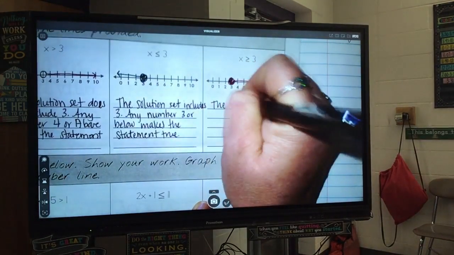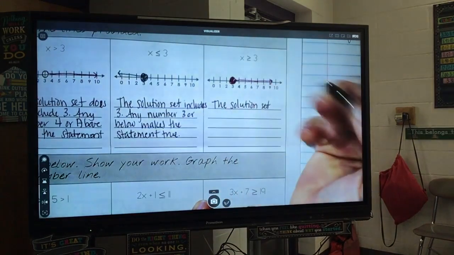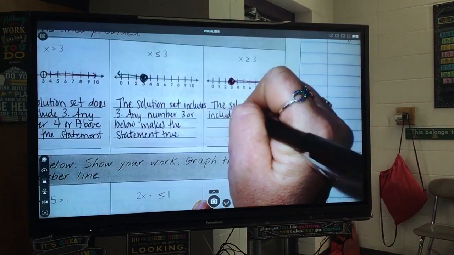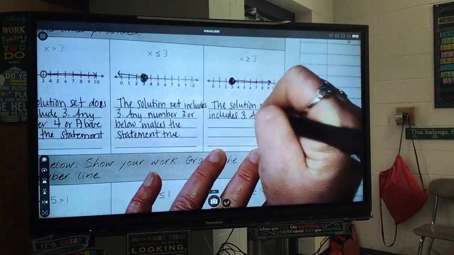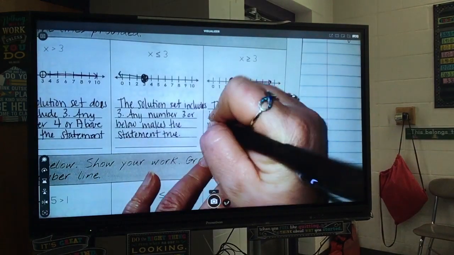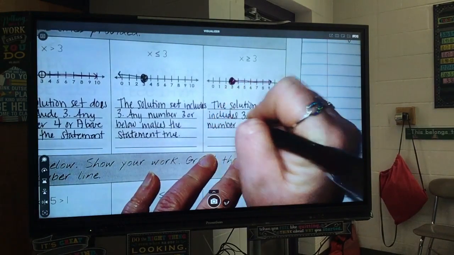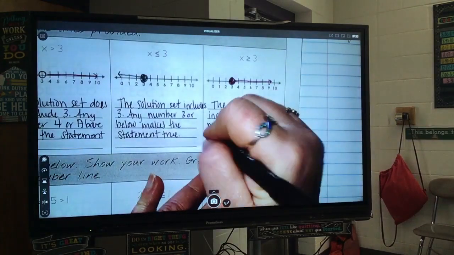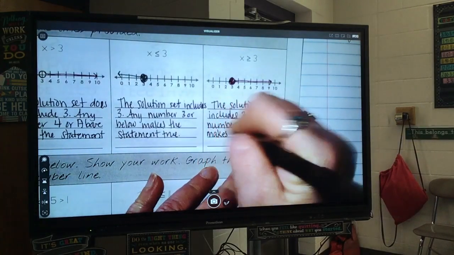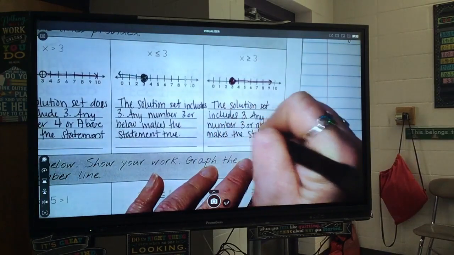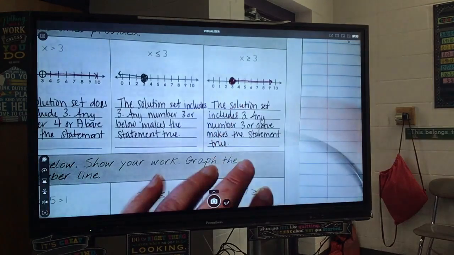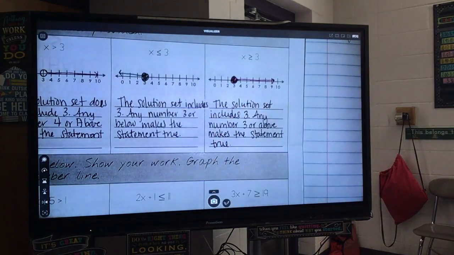Yes. Alright, so the solution set includes 3. Any number 3 or above makes the statement true.